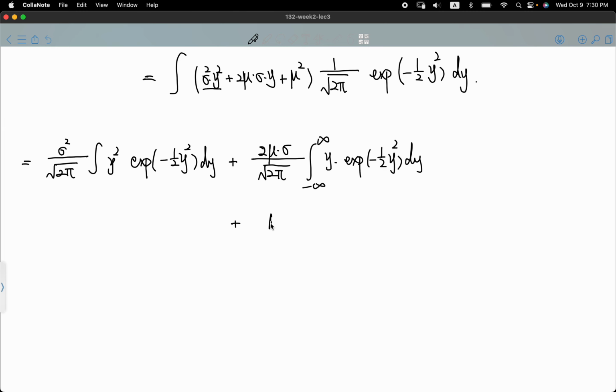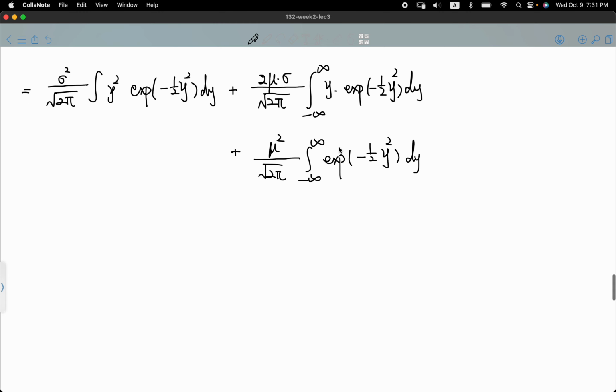Mu squared over square root of 2 pi, integral of exp of negative one half y squared dy. This integral gives square root of 2 pi.